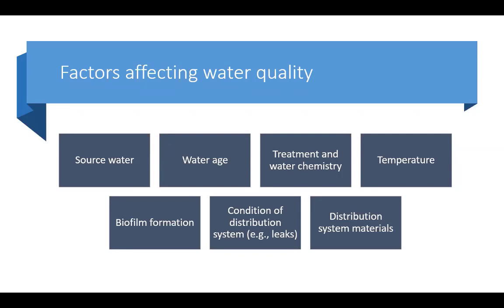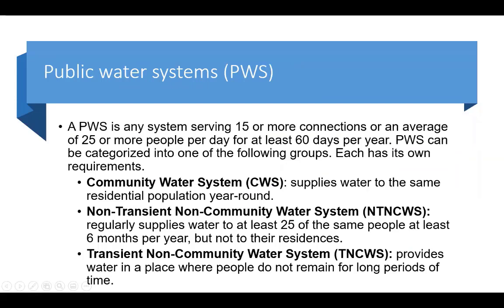So for example, is it a lead service line? Is it copper? Is it a PEX, polyethylene? So there's significant differences, and those can change the water quality in very significant ways.